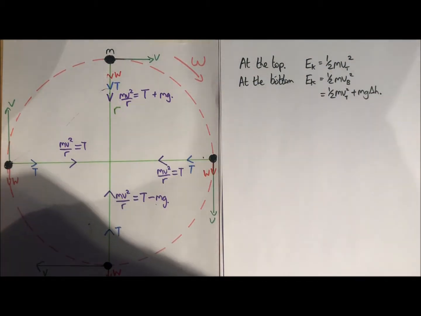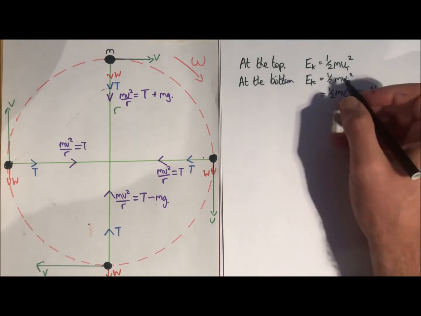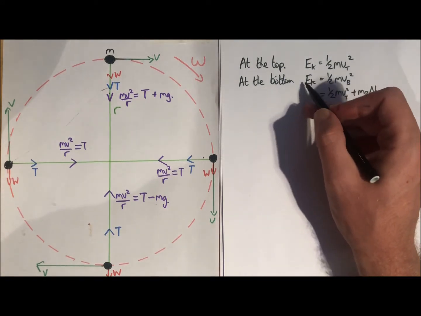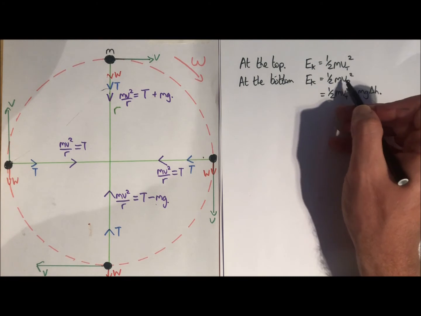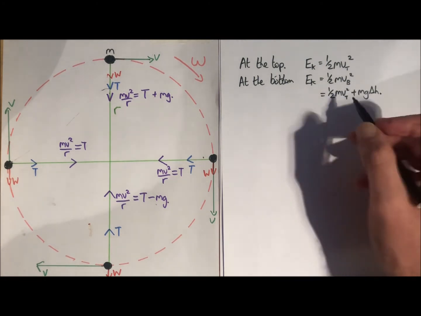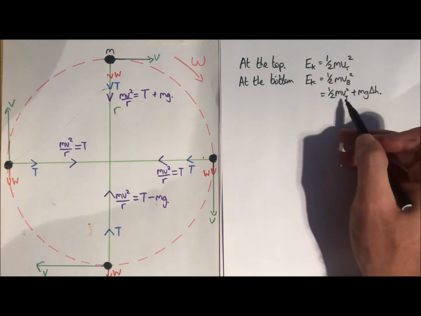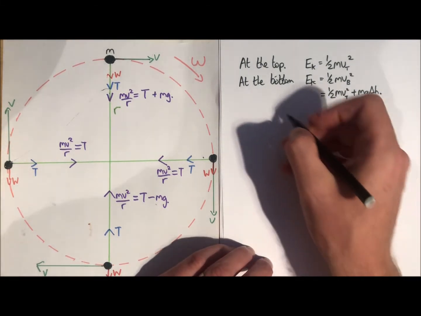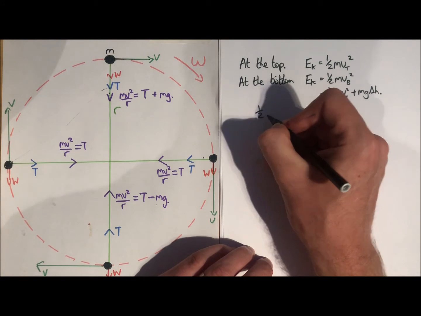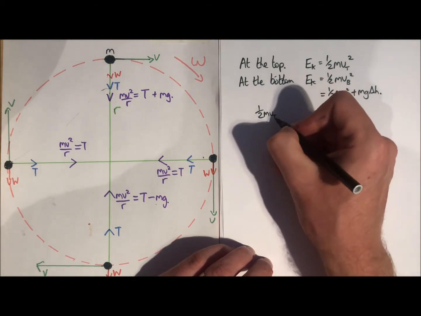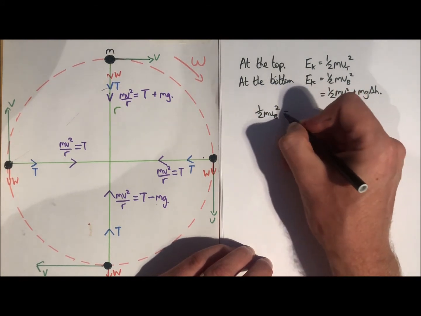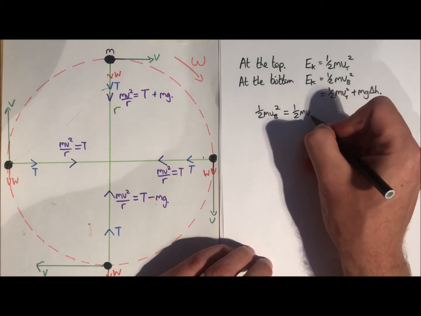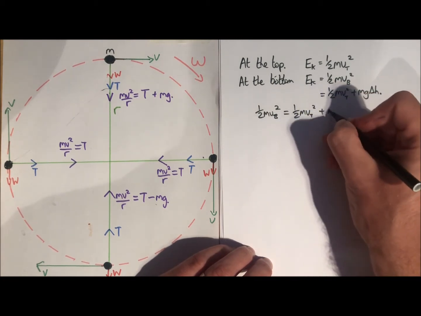So if I put those together, we can see that the kinetic energy at the bottom, half times the mass times the velocity at the bottom squared, is equal to the kinetic energy at the top plus the change in gravitational potential energy. I'm just going to write that out as a simple conservation of energy: half m v bottom squared equals half m v top squared plus m g delta h.